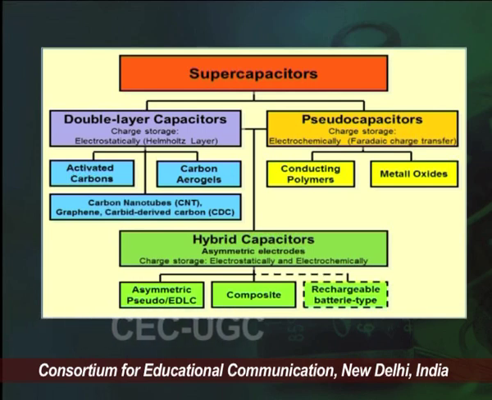Another type of supercapacitor is the hybrid capacitor, which is a combination of the double layer and the pseudo capacitor, and it uses various electrodes and various composites for the preparation of supercapacitors.